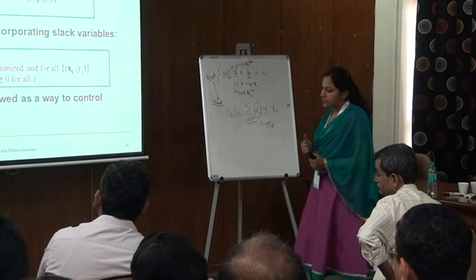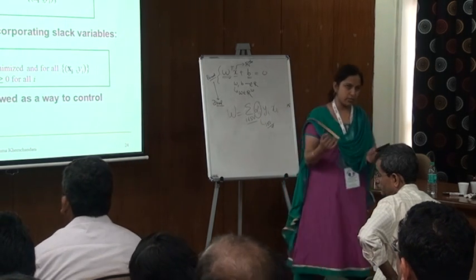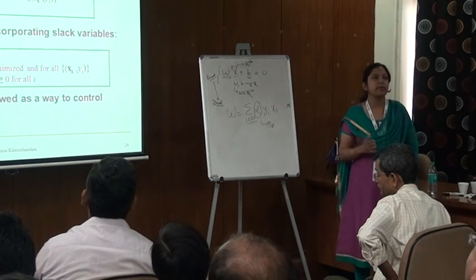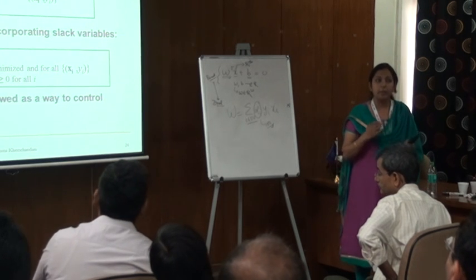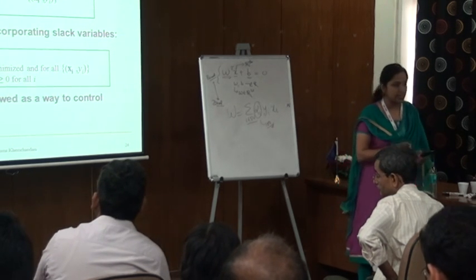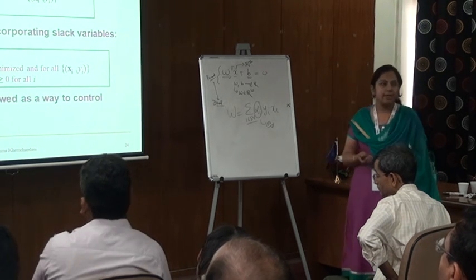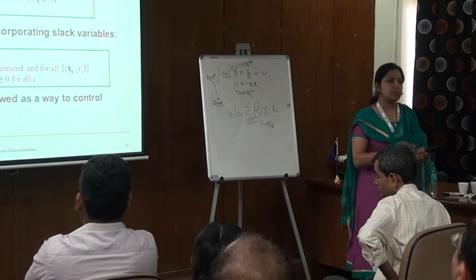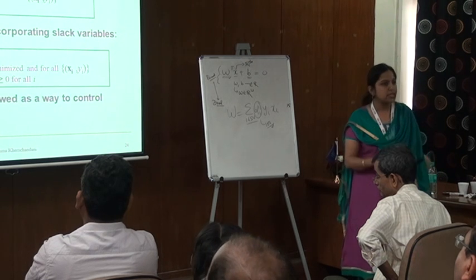In that case, those 20 patterns of the cancer patients are very important to me. I cannot bear to have a single error in that case. So in that situation, this C will take a very large value. I cannot have a 0% error in this case, so my training error should be as good as possible.